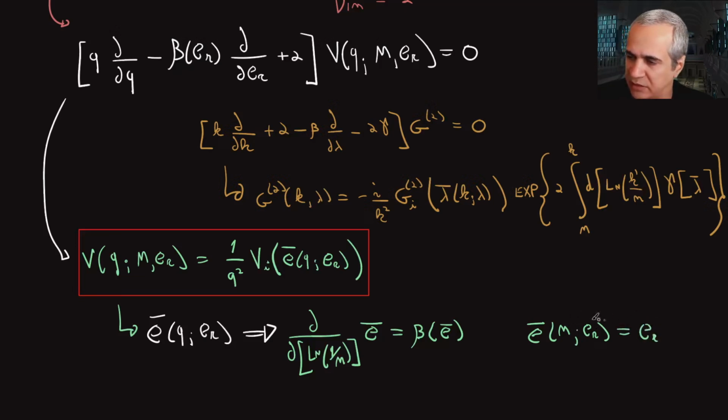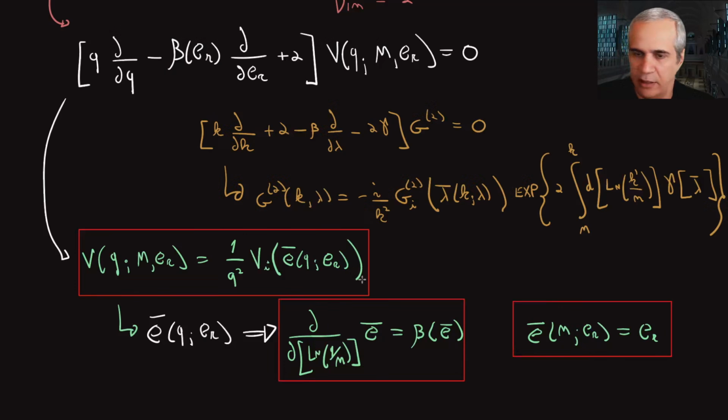That's the implicit dependency between e_R and M. So I just have to solve these three equations, and then I can get the potential.